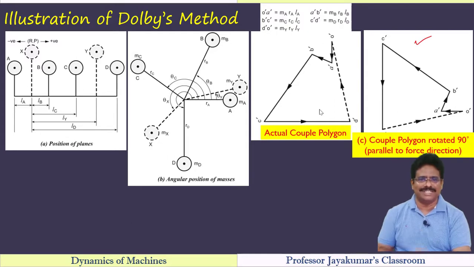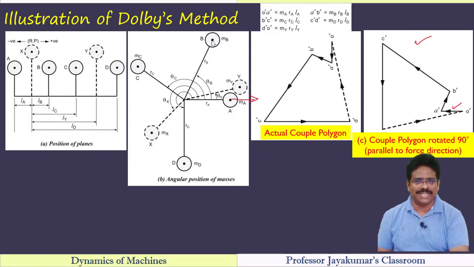What is the idea here? This is the direction of centrifugal force. This is the direction of the associated couple. This is the direction of centrifugal force of mass B. This is the direction of couple due to mass B. This is the direction of centrifugal force due to mass 3. This is the direction of couple due to mass 3.